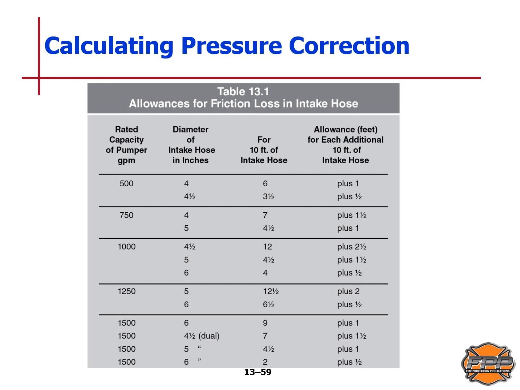This is table 13.1. This is the allowances for friction loss in intake hose. Like all charts, you'll become familiar with it, so definitely take a look at it. It gives you the rated capacity of the pumper in gallons per minute and the diameter of intake hose. For 10 feet of intake hose, it allows for that, and it has an allowance in feet for each additional 10 feet of intake hose.